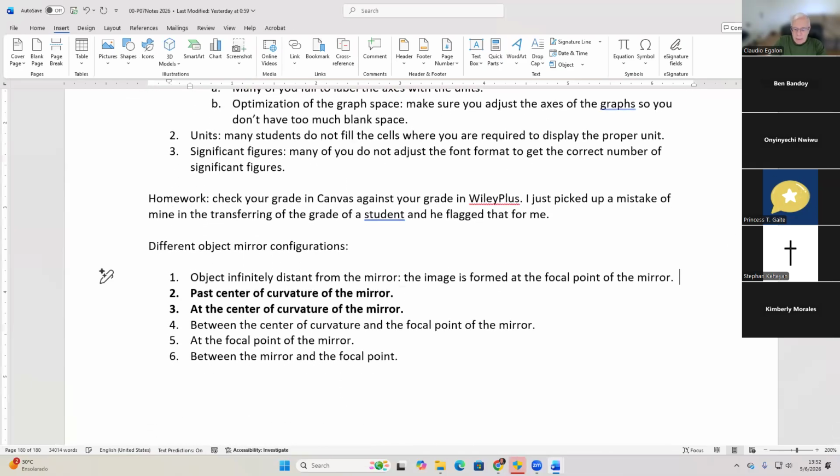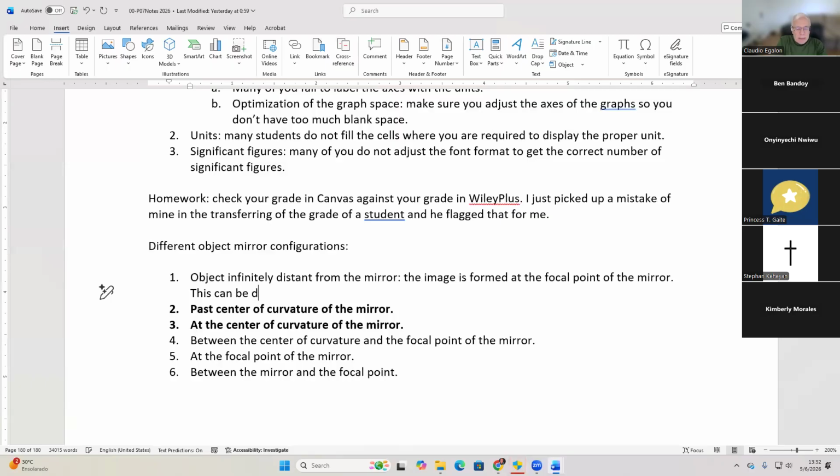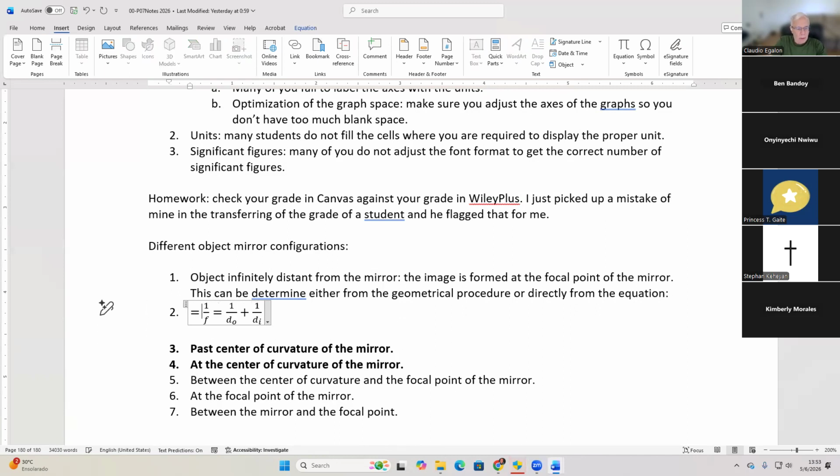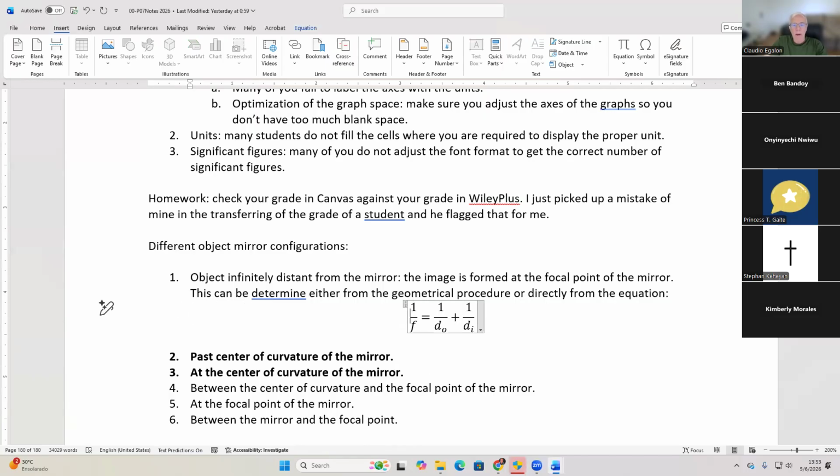Okay, this can be determined either from the geometrical procedure or directly from the equation. This is the equation here. Object at a distance infinitely long, infinitely distant.